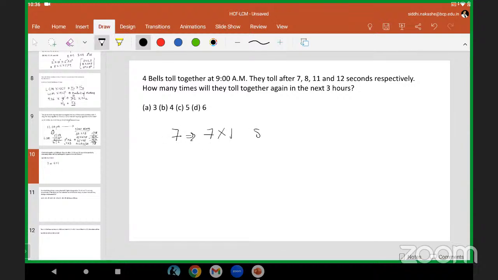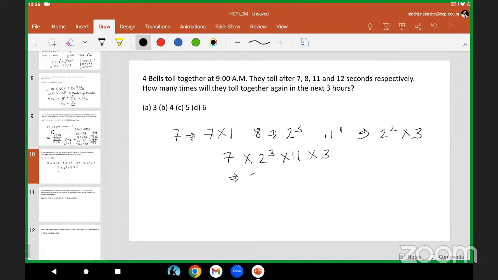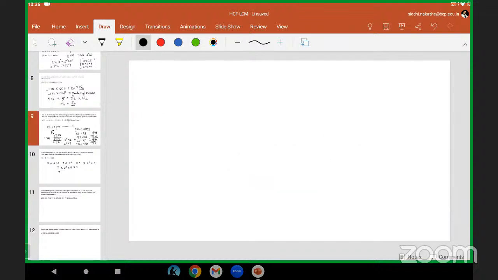Then 8 is nothing but 2 cube. 11 is 11 itself. And 12 is 2 square into 3. So we'll take out all the multiples, that is 7 into 2 cube into 11 into 3. So we'll get 21 into 11 into 8.